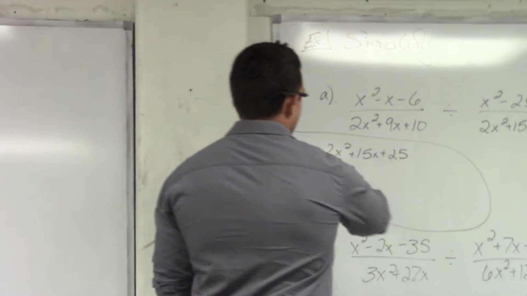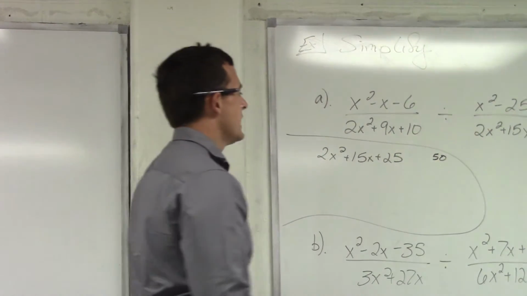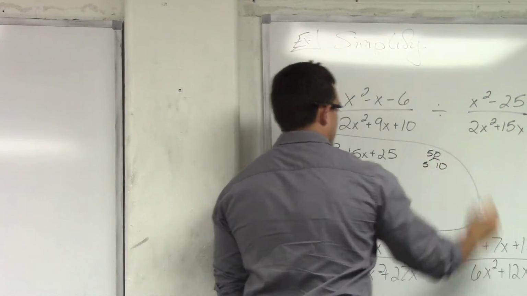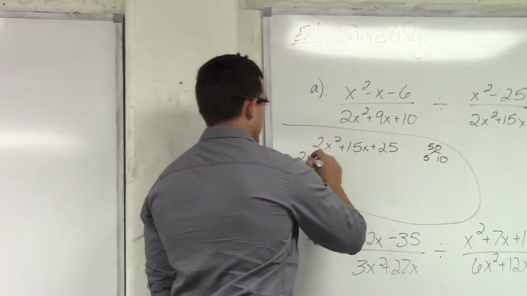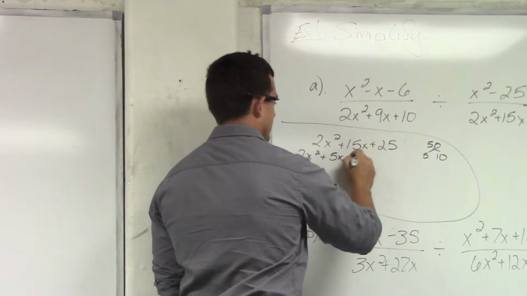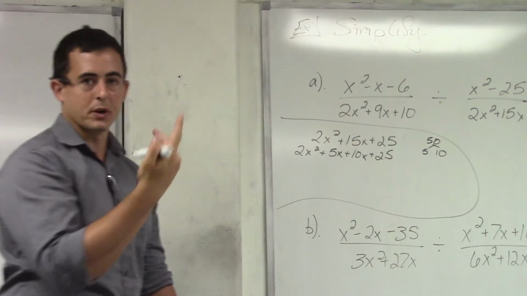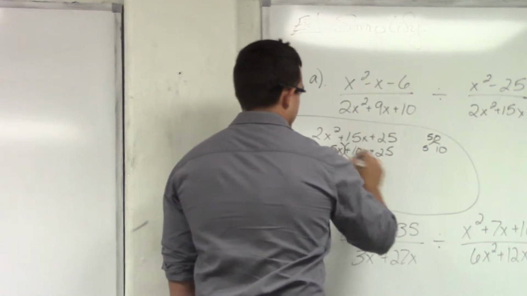We have to take A times C and try and find things that multiply to 50 and add to 15. That would be 5 and 10. So you can split up the middle term using 5 and 10. Or if you want 10 and 5, it doesn't matter which way you write the middle term, it'll factor out the same. Then you group it.